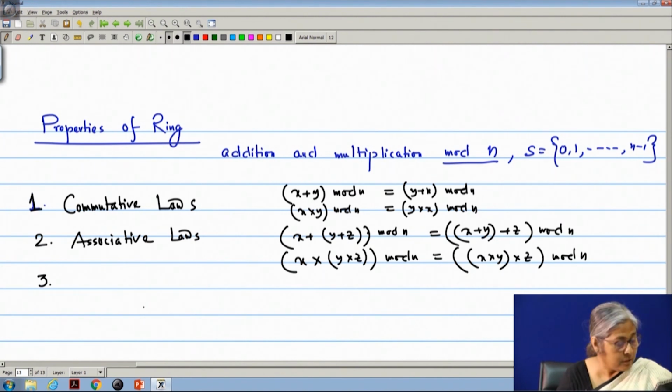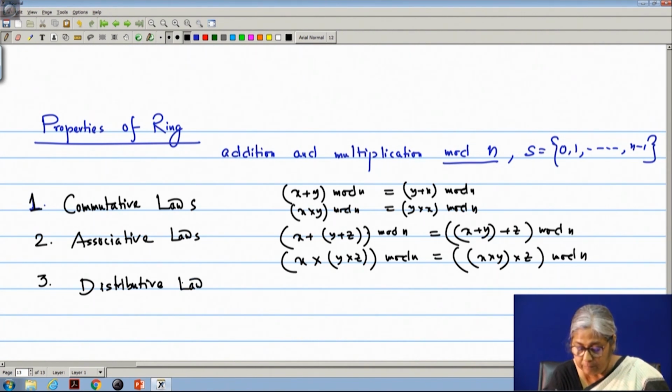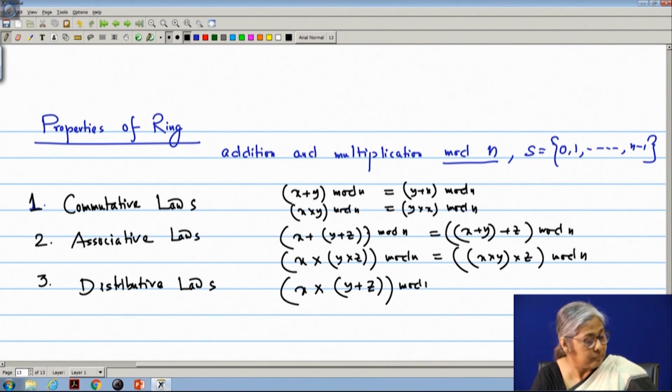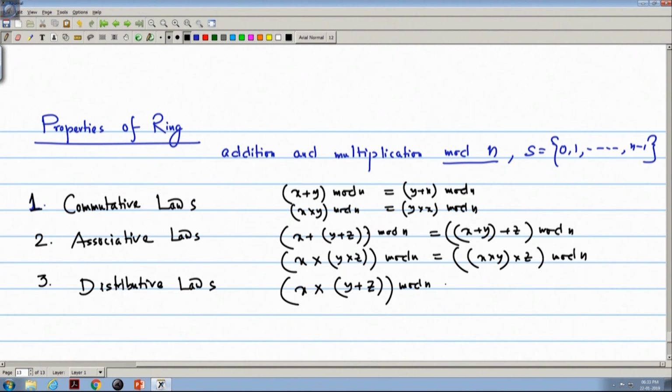Now, the distributive laws. We know that x cross y plus z modulo n will be x cross y modulo n plus x cross z modulo n, all mod n.